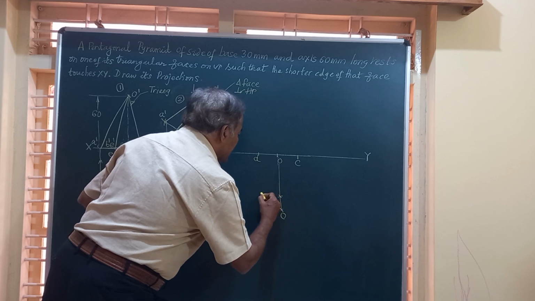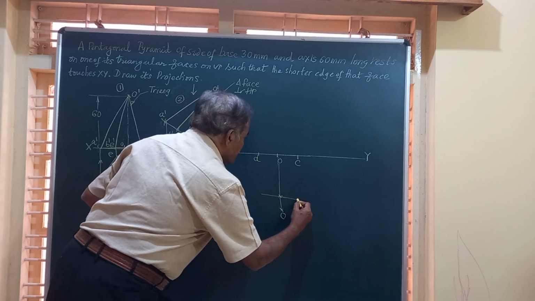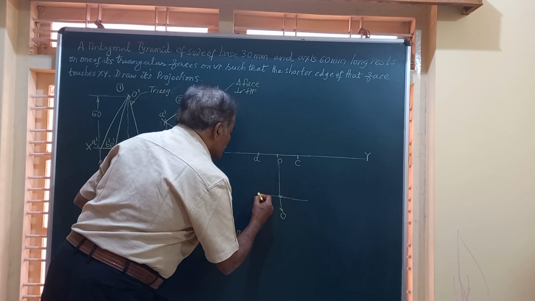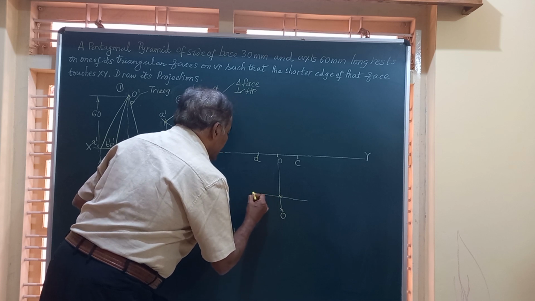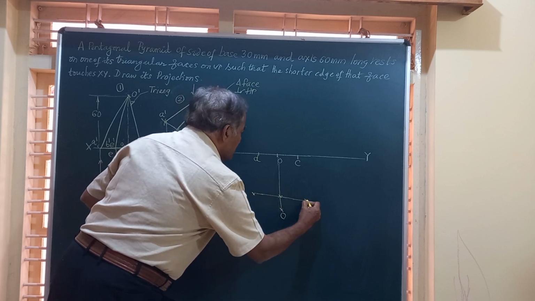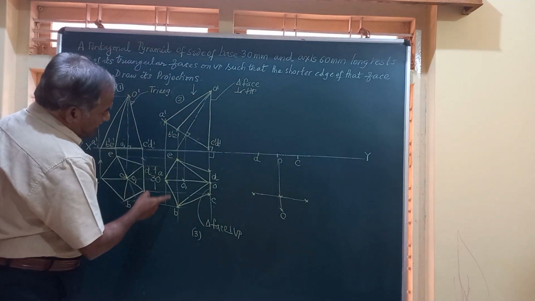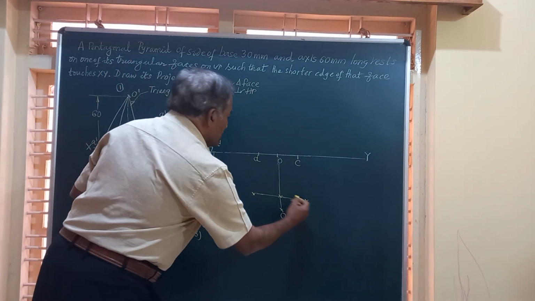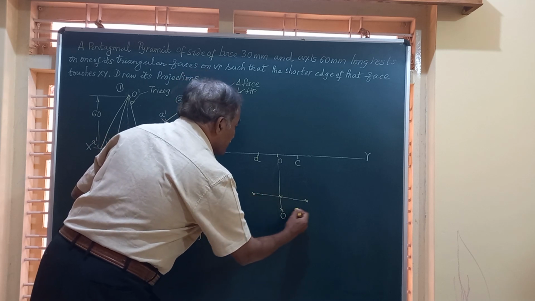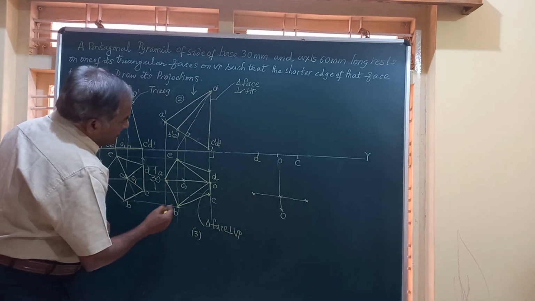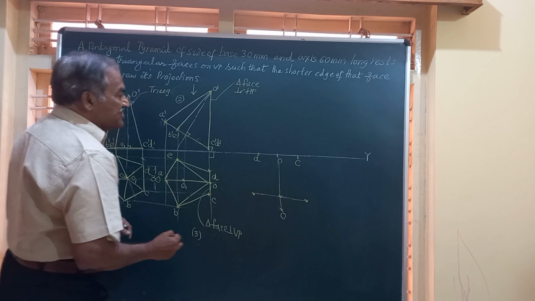You will get D and E on this. So this is point D and this is going to be E. So this is E, B is the point. And then we have this point O1, we will just mark.